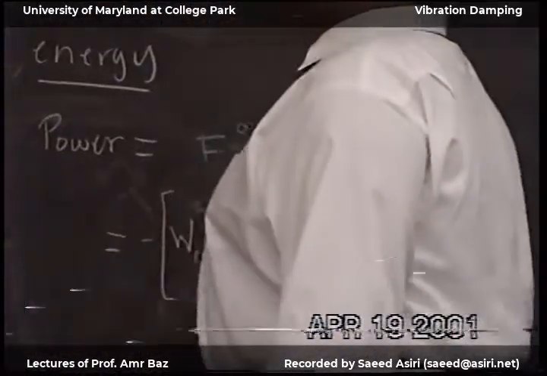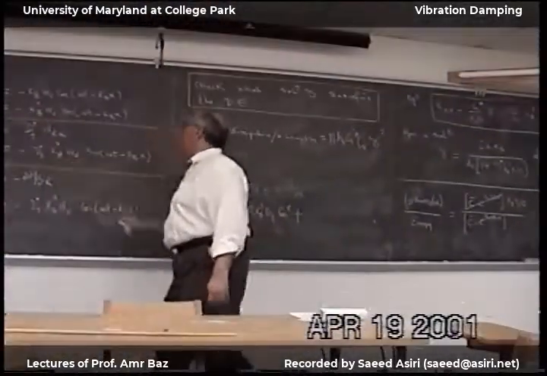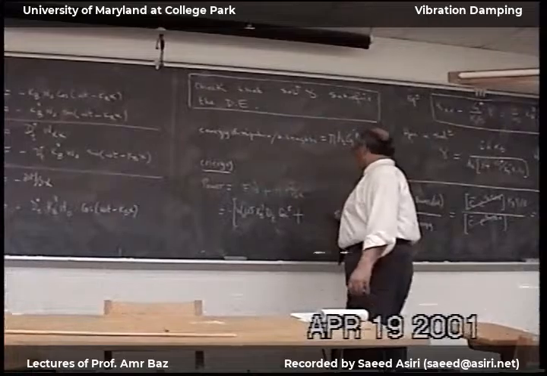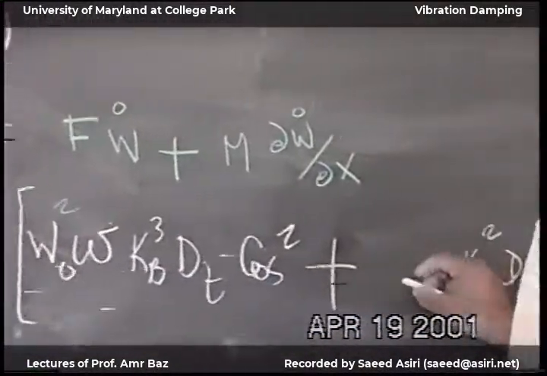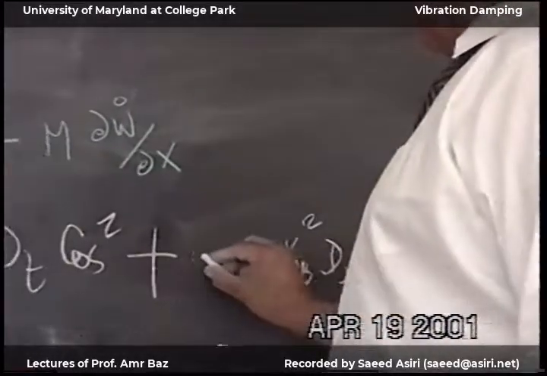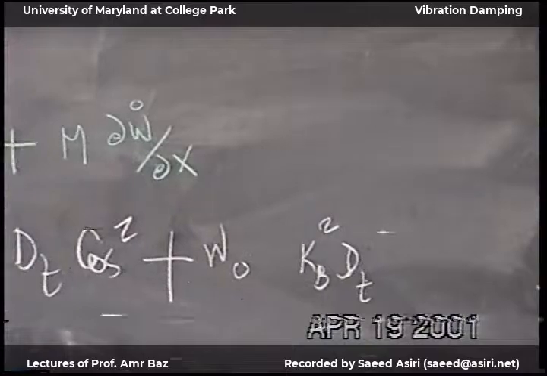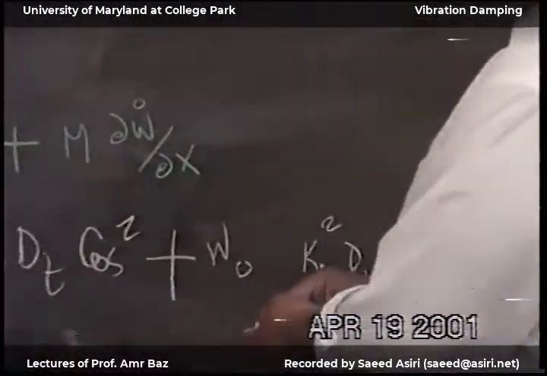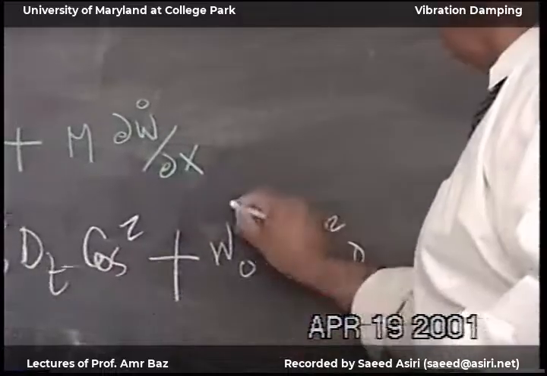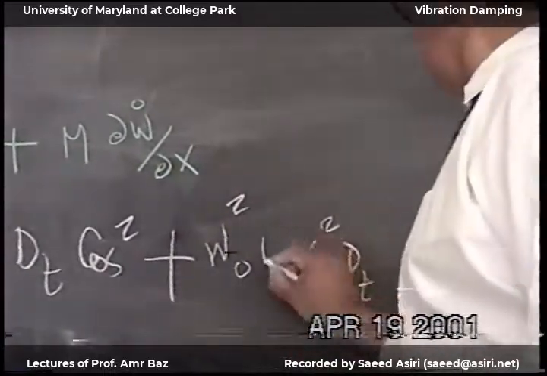Plus the moment times the velocity, we have dt kb squared, and then w0 times this, which is w0 again, so this will be w0 squared, and then we have omega.